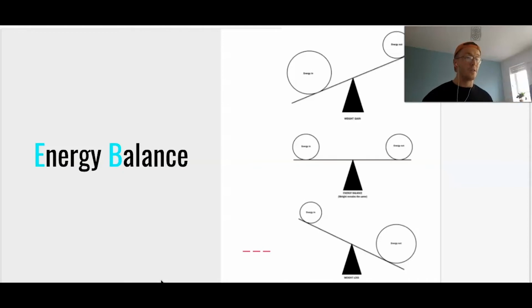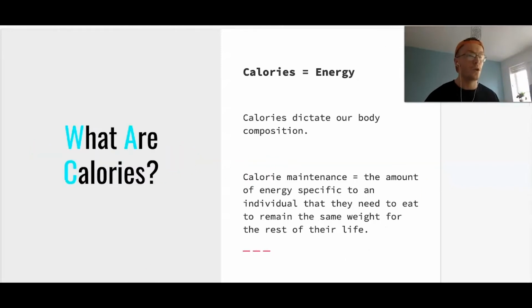So with this in mind, we need to get to grips with something that you've all probably heard of, and that's a thing called calories. So what are calories? Calories are basically energy. They are a unit of energy, and it's how we explain how food has energy and how we use it.